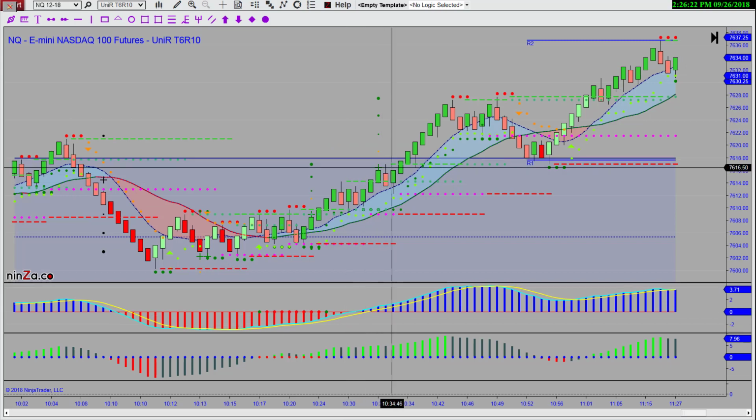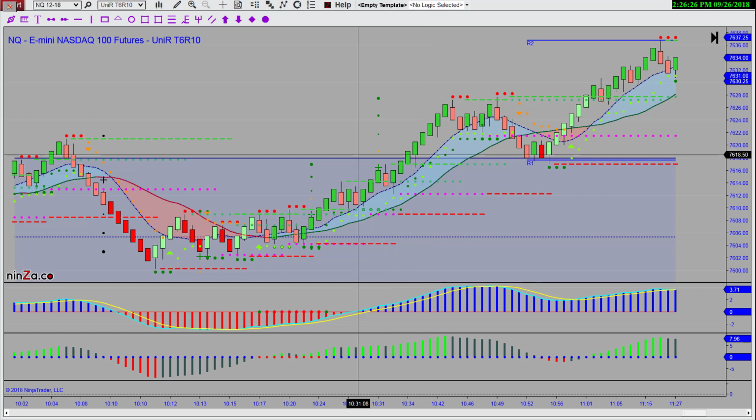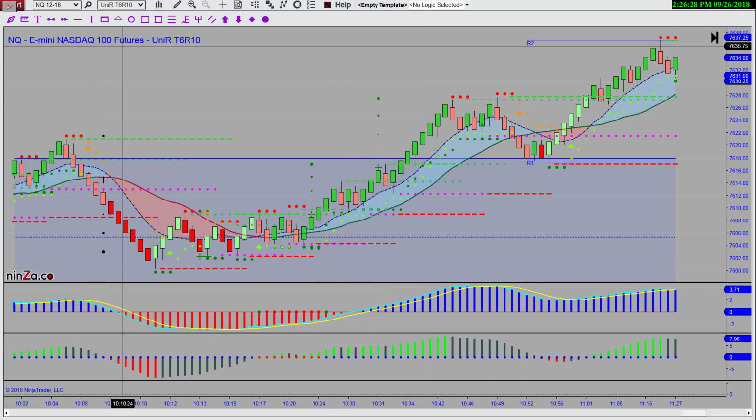So let's skip that one. And we went back over here to 10:30 this morning. We got some signals. So you get more signals with the, I'll call them lower time frame, the faster reacting Renkos, like the 6. But the problem is you get more false signals as well. So you get more signals, but you get a lot more false signals.